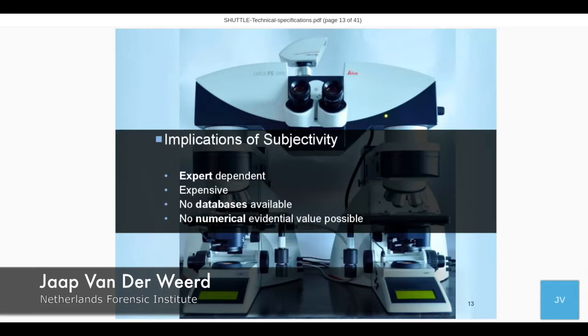So you can store the color of a trace as blue, but there are several kinds of blue that we all call blue, but they are distinctly different. So it's very difficult to make databases based on subjective information, and because we don't have so many databases, or we don't have the right databases, it's very difficult to make a numerical evidential value.